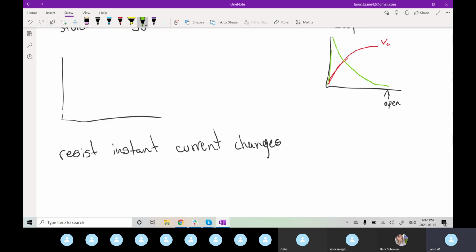So they'll have a similar curve style as before. The current rises exponentially while the voltage starts to spike and decreases over time.